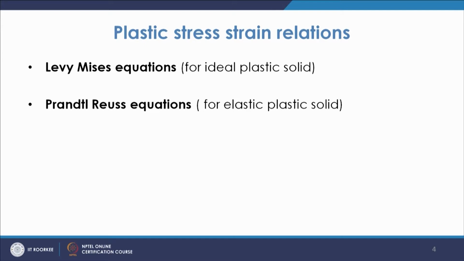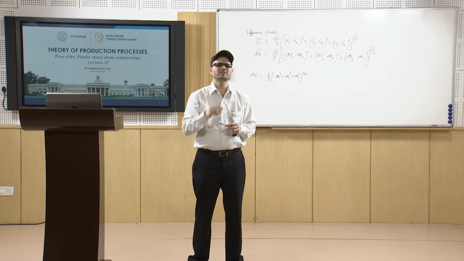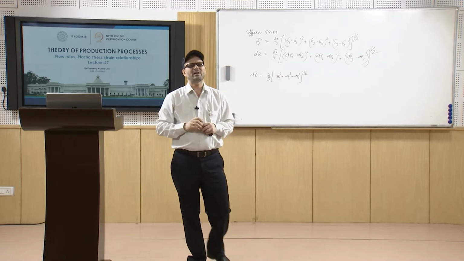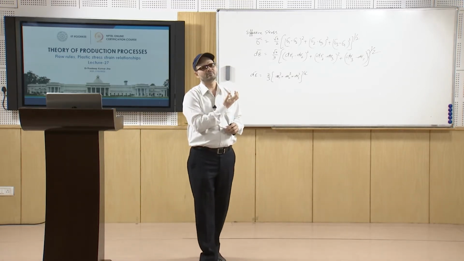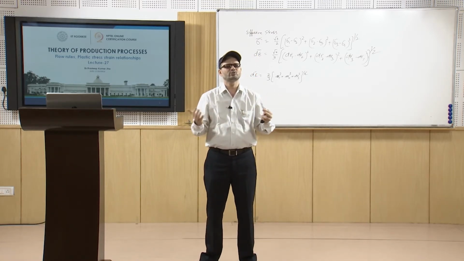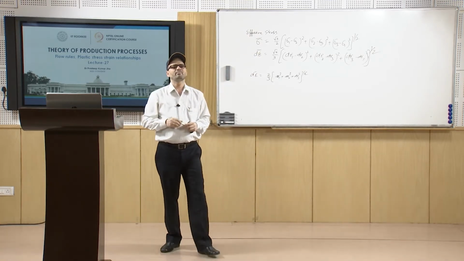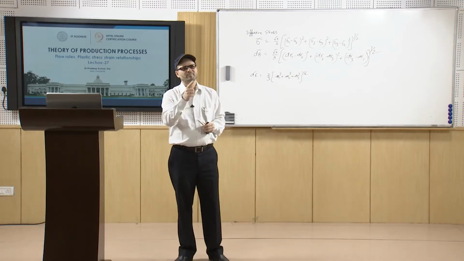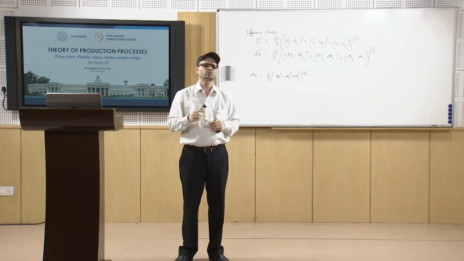So, basically the total strain is taken as the elastic strain plus plastic strain. The plastic strain component again will be taken by the use of the Levy Mises equation, which is for the ideally plastic solid, and the elastic component we will take from the earlier part, where we have calculated the value of elastic strain. So, for an elastoplastic type of solid, you have the use of the Prandtl-Reuss equation. We will see the relationships and equations for these two.